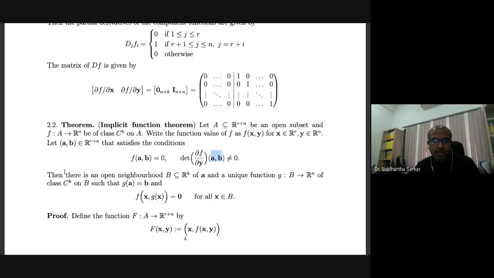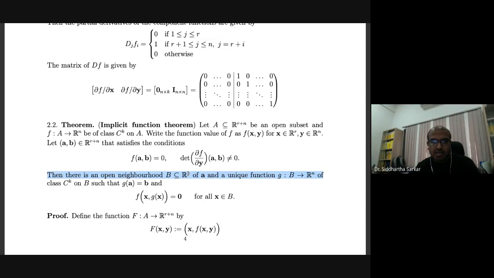Then the theorem says the function should look like x comma g(x) on some neighborhood, where g(x) is supplied from some neighborhood which we are going to construct, and this x would be coming from a neighborhood of a. So this is the first coordinate. There is a neighborhood of a inside Rr. Remember, a comes from Rr, so there is again a typo, this should be r.